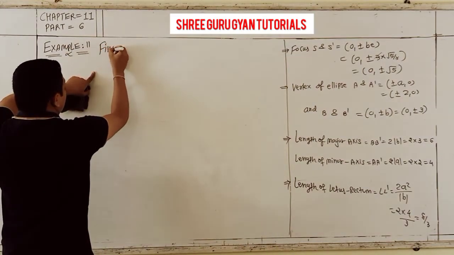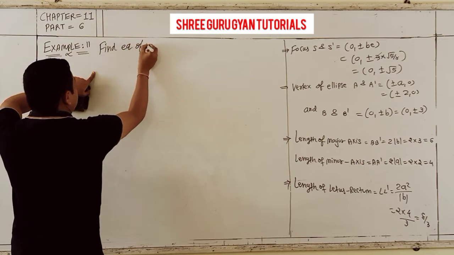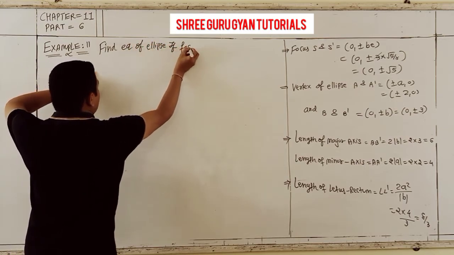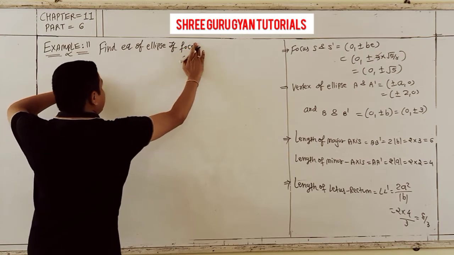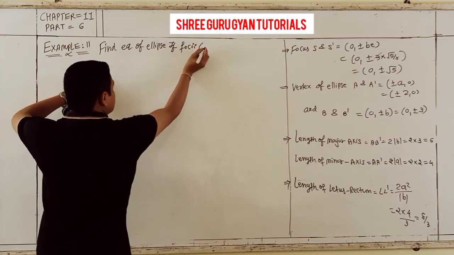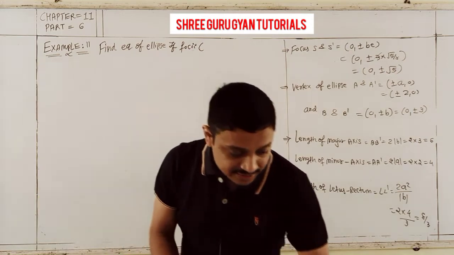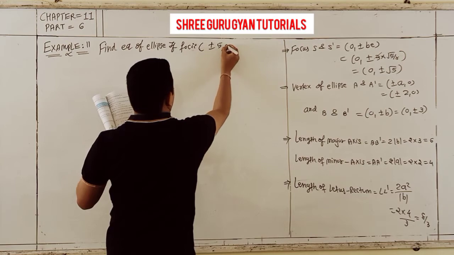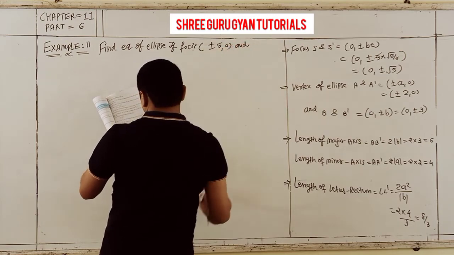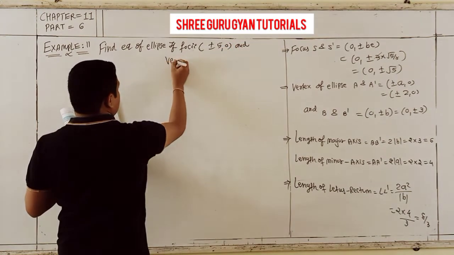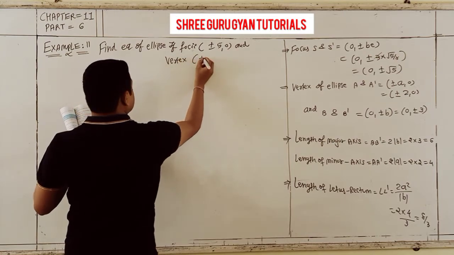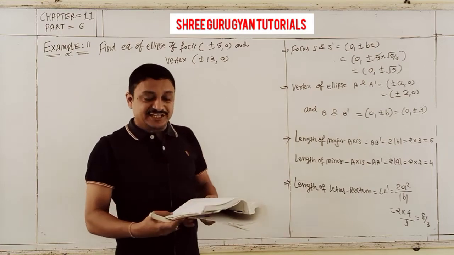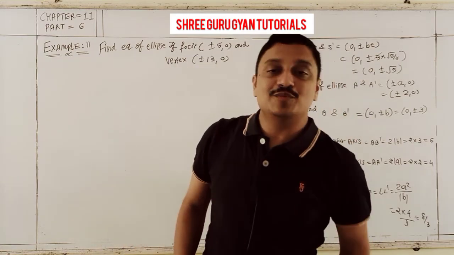Find the equation of the ellipse if the foci, the two foci are given, that's why the word foci is used, are plus or minus 5 comma 0, and second, the given vertices are plus or minus 13 comma 0. Yes, foci plus or minus 5 0 and vertices are plus or minus 13 comma 0.